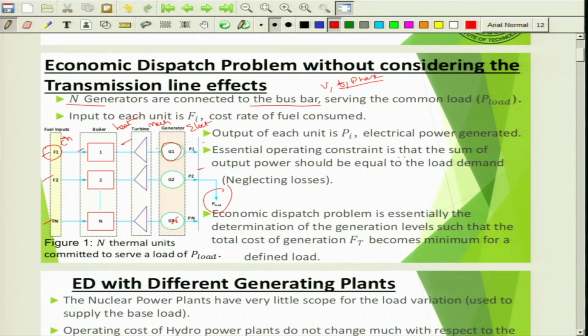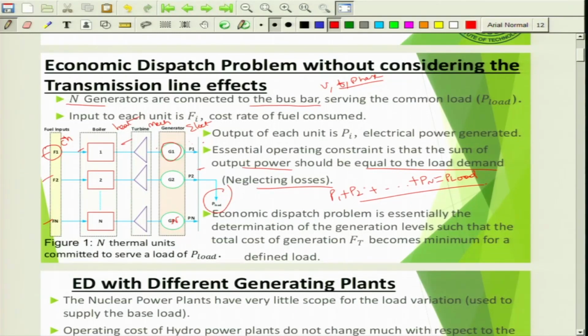The essential operating constraint is that the sum of output powers should be equal to the load demand, neglecting the losses. That means the power outputs P1 plus P2 up to Pn should be equal to P load. This is a constraint. Why is this constraint there?